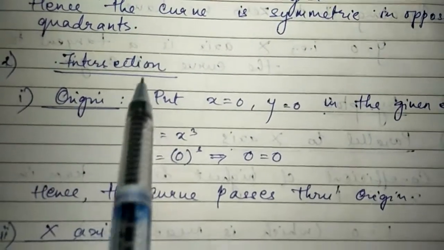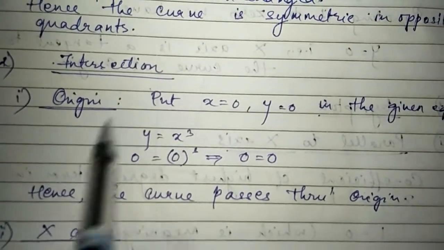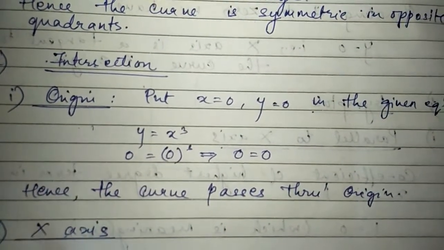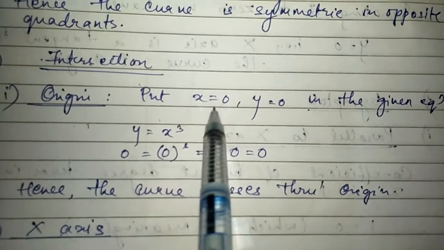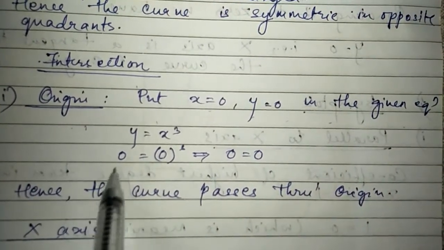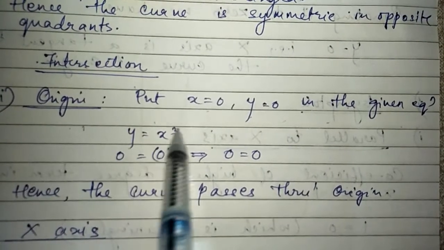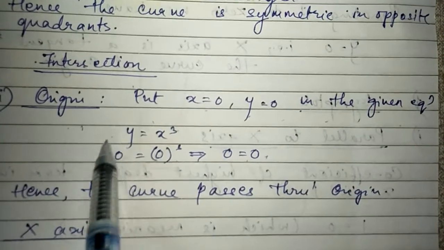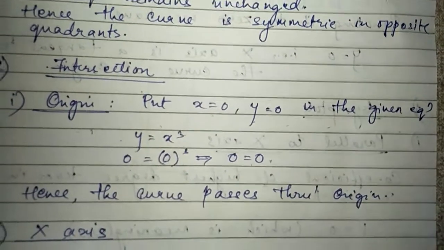Next comes the intersection of the curve with the origin and the coordinate axis. First, the origin. We'll put x is equal to 0 and y is equal to 0 in the given equation. So what we have is y is x cube, that is 0 is equal to 0. Hence we can say that the given curve passes through the origin.